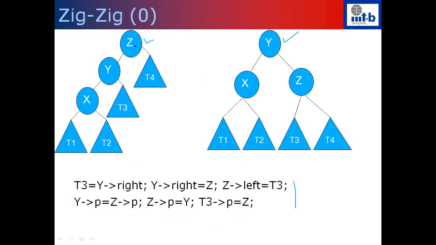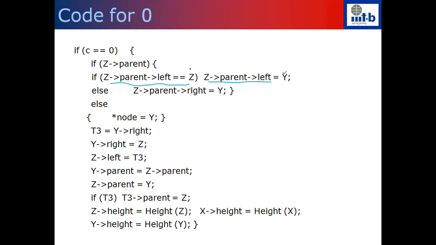If it is pointing to the right child, then the parent's right child will point to y. So this is the first thing that we do in all the 4 cases. In 2 cases, y happens to be the root of the subtree. In 2 other cases, I will write here x instead of y.